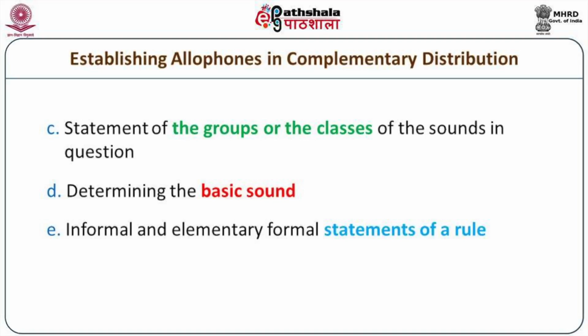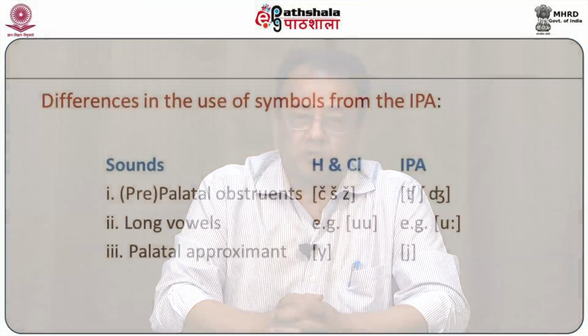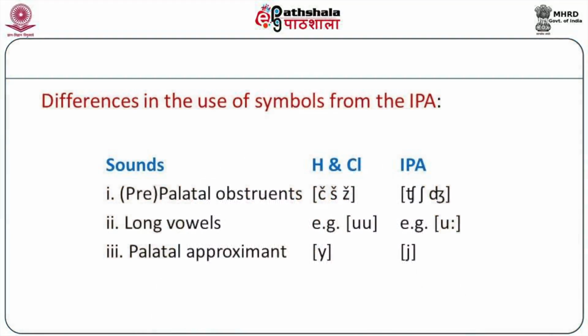To begin with, we will consider the data discussed in the problem book in phonology. Before we do that, a note of the differences between the IPA symbols and some of the symbols that have been used in these books. These are given there. You have prepalatal obstruents, long vowels, and palatal approximant.